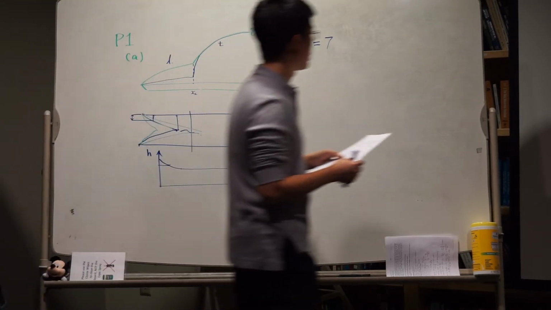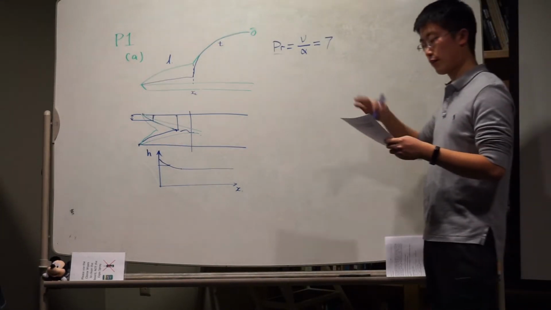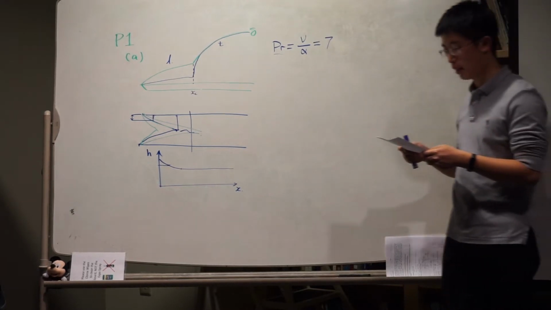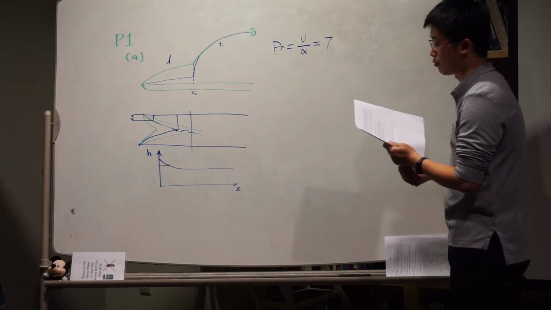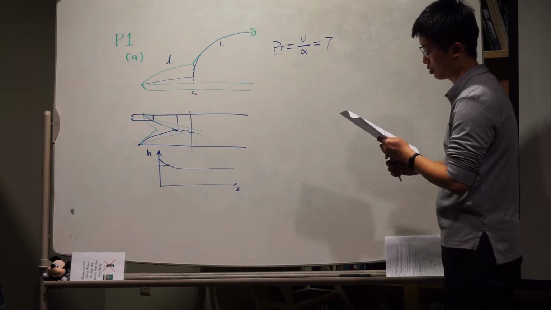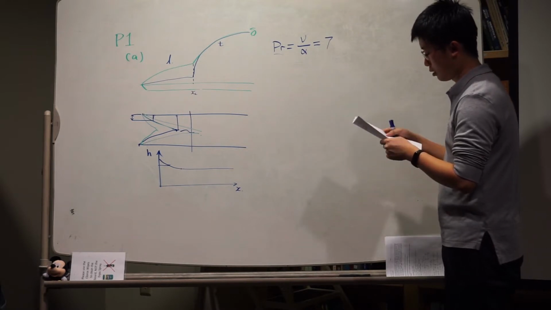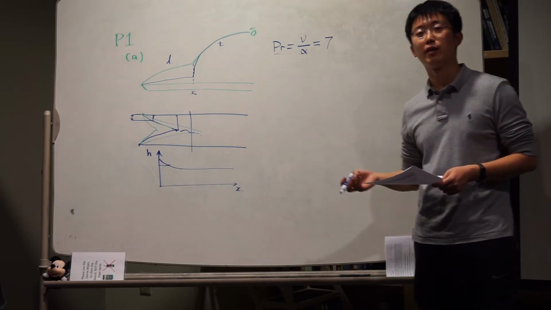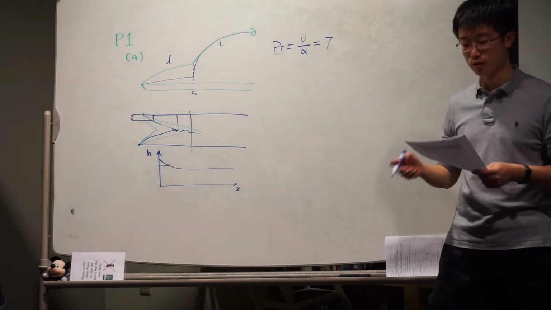Next one is assuming another planet. Everything is the same, only gravity is different, and it's asking how the free convection heat transfer coefficient changes. Basically we know this free convection is driven by gravity. The stronger the gravity is, the stronger the free convection is.